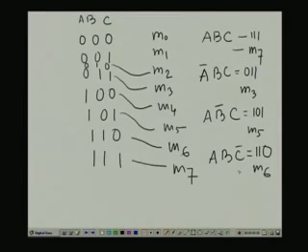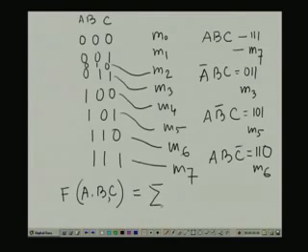So in the function given, the terms present are m7, m3, m5, m6. So now we can write that the function f(A, B, C) is equal to, as this is a sum of min terms, the sum of 3, 5, 6 and 7.